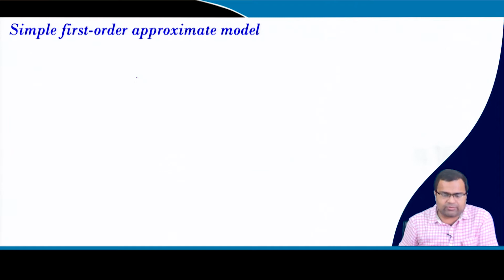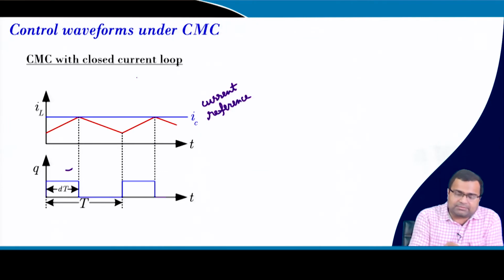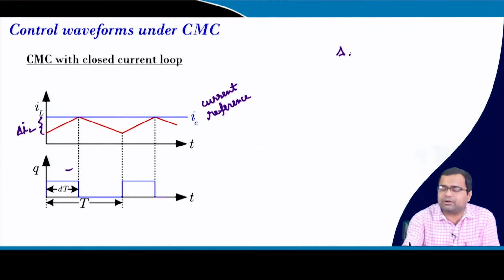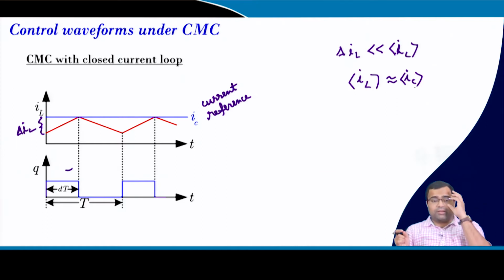That means, looking at the waveform, suppose the ripple is negligible. If delta IL is very, very small compared to IL average, then IL average can be approximately replaced by this current reference.